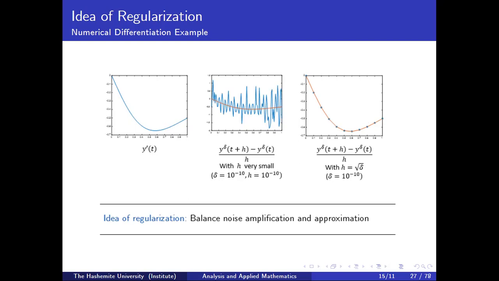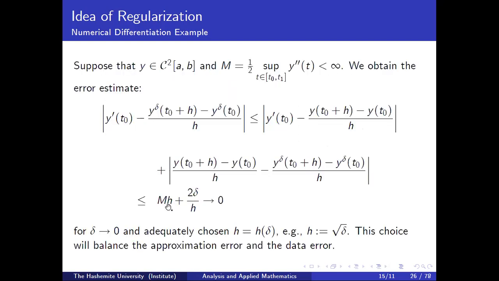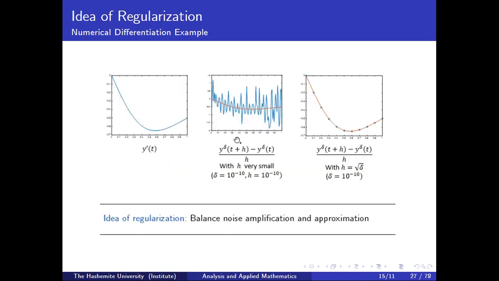So here we have a parameter h, and it plays the role of a control parameter. We need to balance what? The approximation error and the damping error or the data error. So if we choose h in a smart way, we can balance this and we can get a good solution, and we can get rid of the noise amplification.